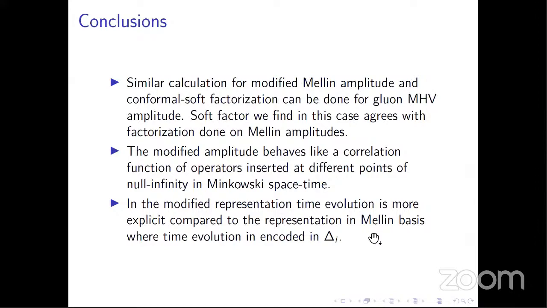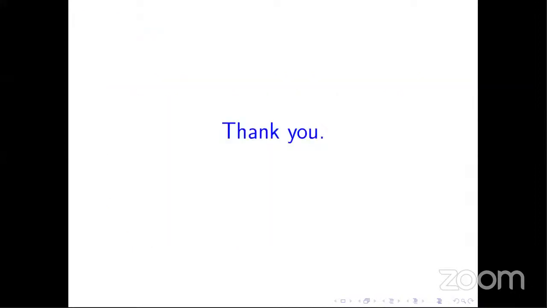I think it was also discussed on day 2 in the discussion session that the time evolution in the Mellin amplitudes, the celestial amplitudes, is encoded in delta, the scaling dimensions. But here in the modified representation, this time evolution is more explicit with u. So with this, I would end the talk.